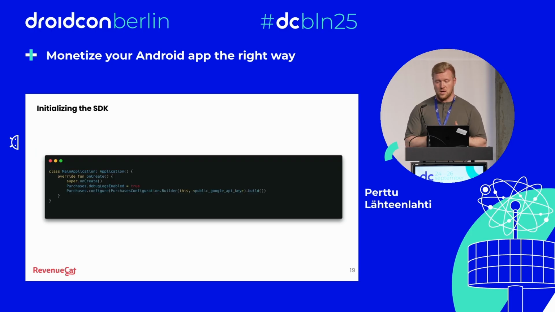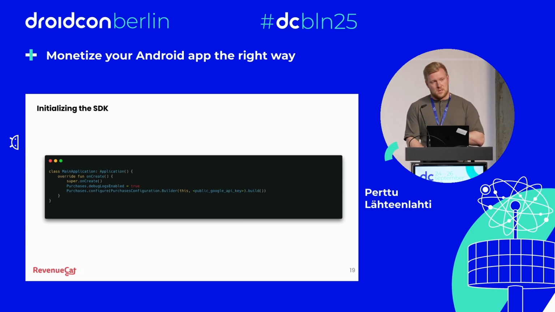So how to initialize the SDK? For example, in Kotlin, you call it in the onCreate. You only have to give it a public API key that you get from the dashboard, and that's it. That's the simplest setup. If your app doesn't have user profiles, doesn't have a user ID or anything like that, that's the only thing you need to do.